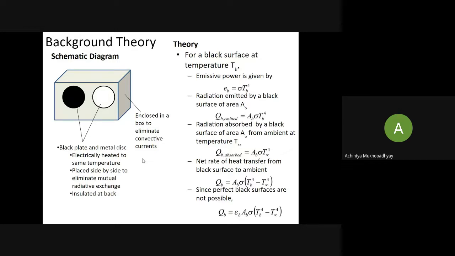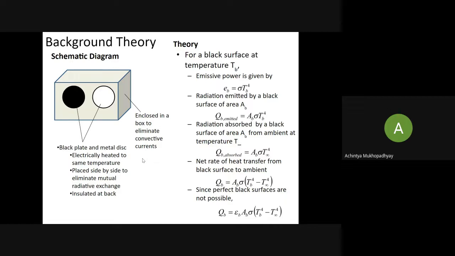So this whole thing is enclosed in a box to eliminate the convection currents, because whenever there is a temperature difference, there is an unavoidable natural circulation because of the buoyancy effect. Radiation and natural convection are two things you cannot eliminate the moment there is a temperature difference.